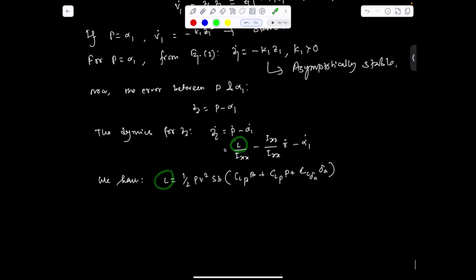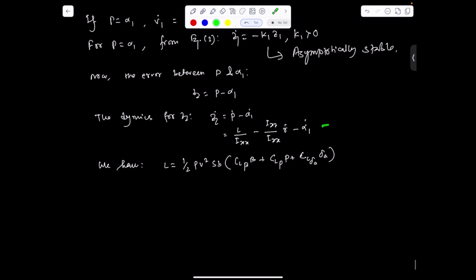We can denote this as equation number 5.